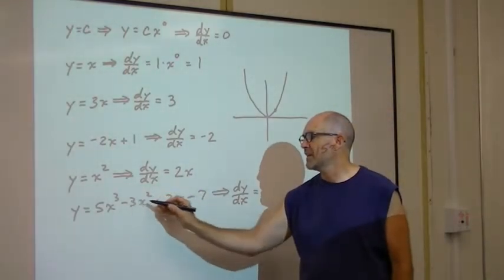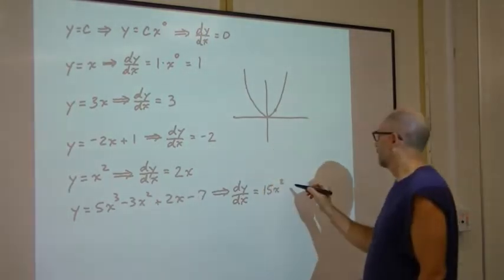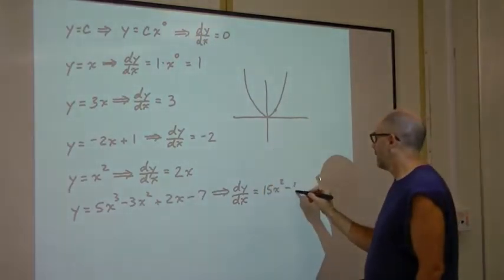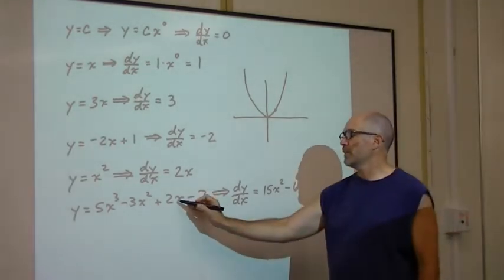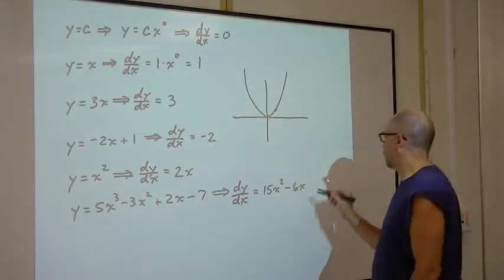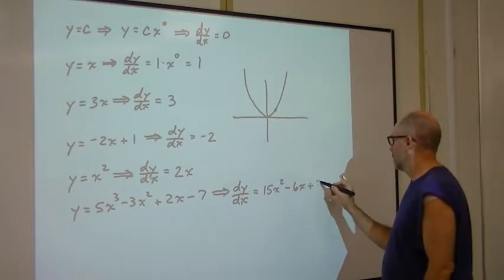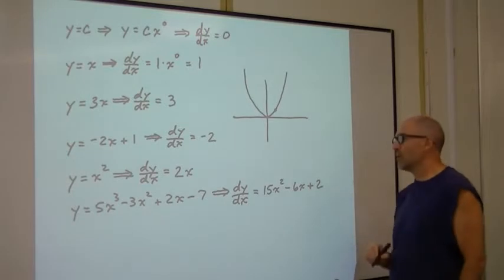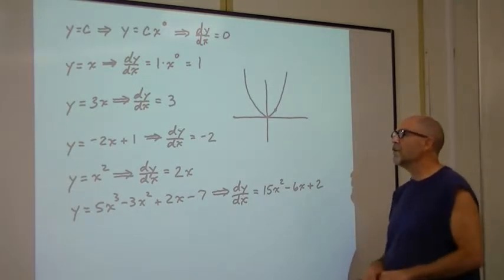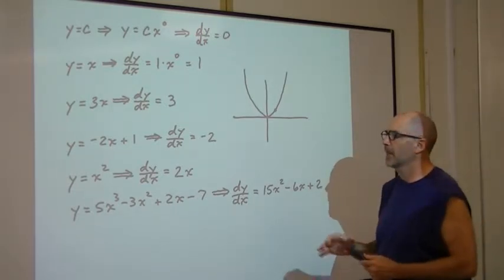It's going to be 6x to the first. Minus 6x. And what's the derivative of 2x? 2. What's the derivative of minus 7? 0.